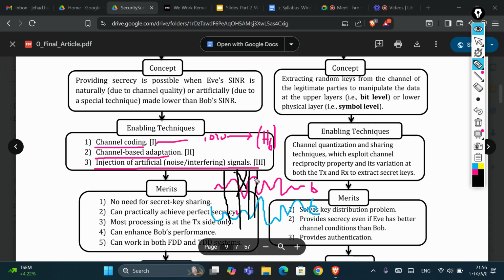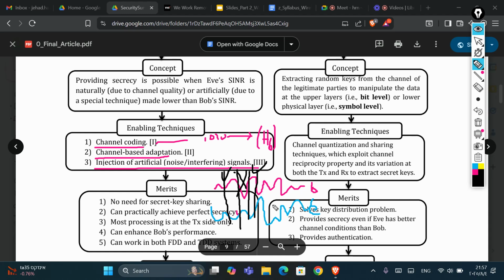Here, I have a better channel at Bob but a bad channel at Eve, so I can transmit again. I transmit in all durations where Bob's channel is better and stronger than Eve's channel, because in that case I can guarantee quality reception at Bob but degraded reception at Eve.